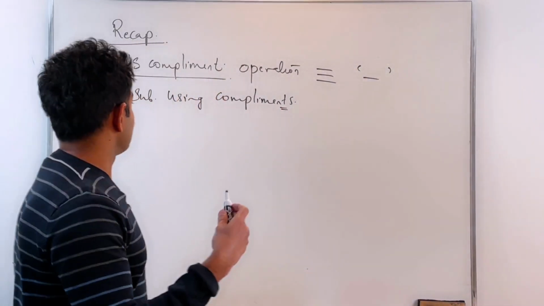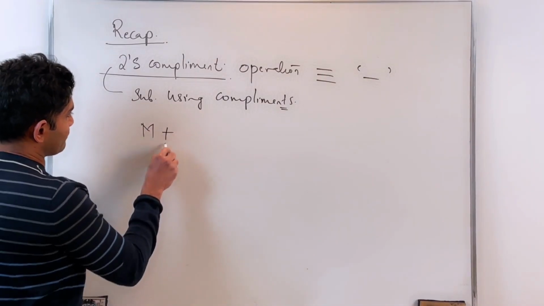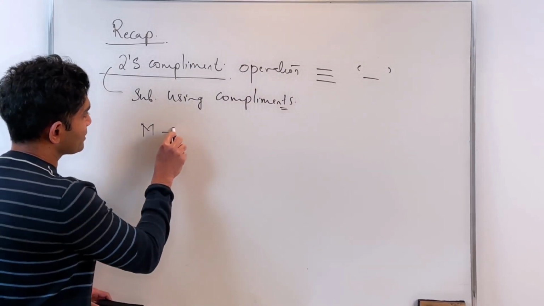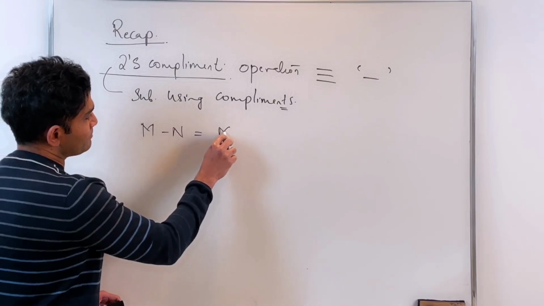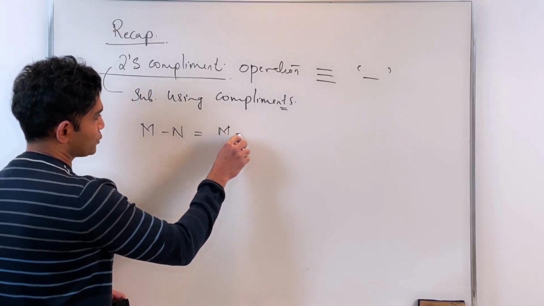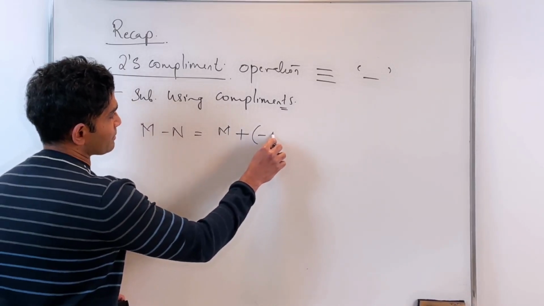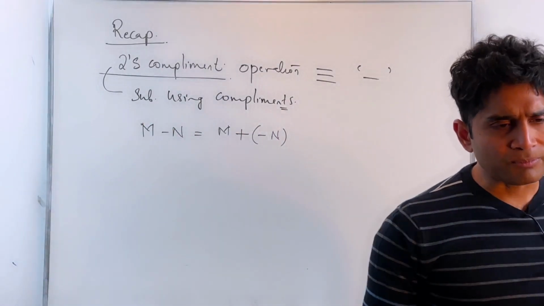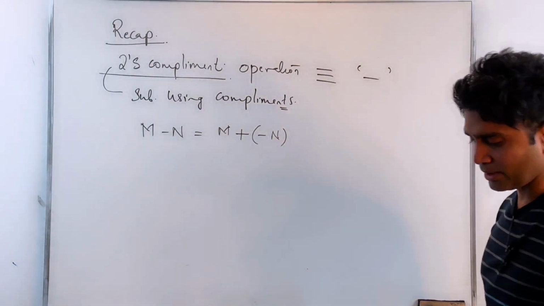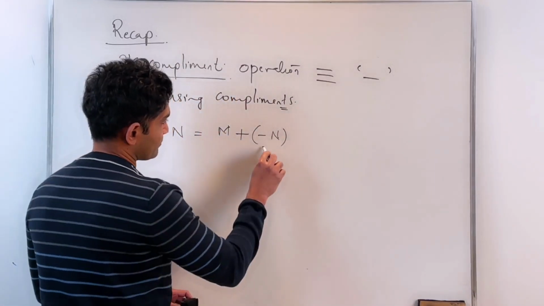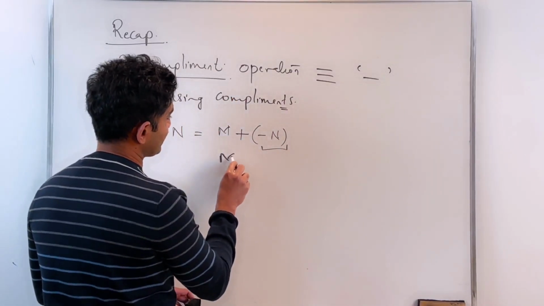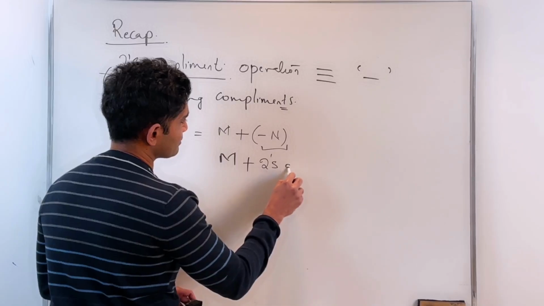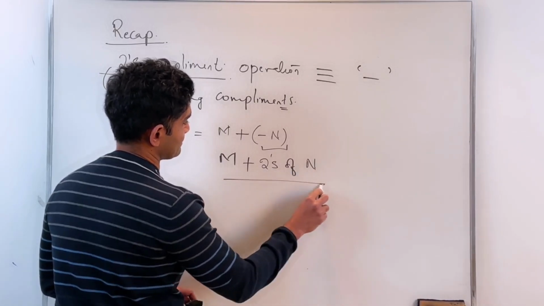Just like we mentioned last time, if I want to do an m minus n operation, I can write this as adding m to negative n. It's exactly the same thing, I'm just writing it a different way. For binary, I can express negative n as the 2's complement of n.